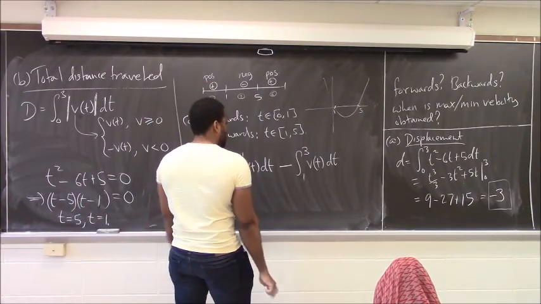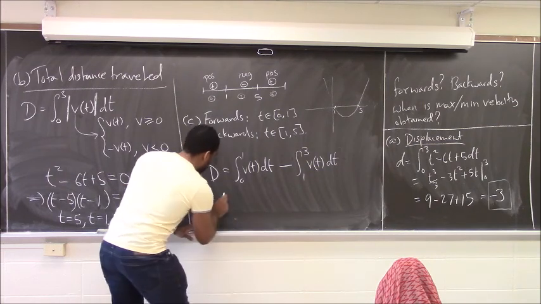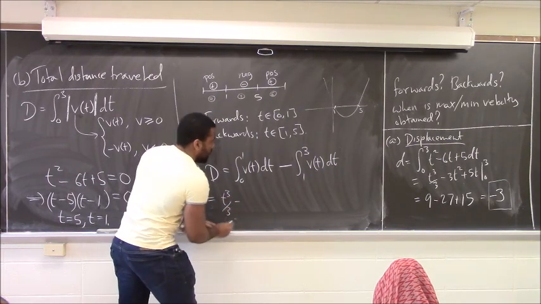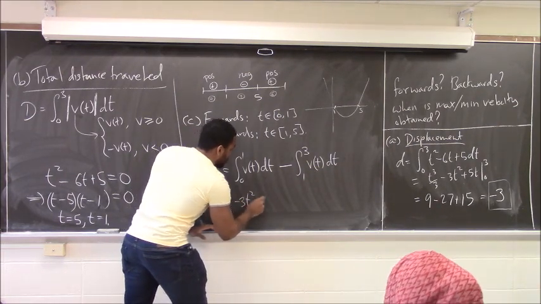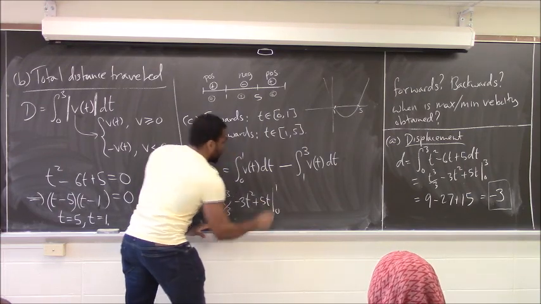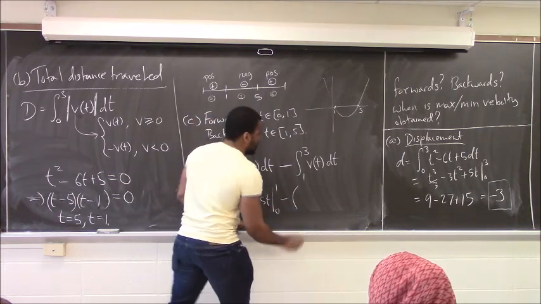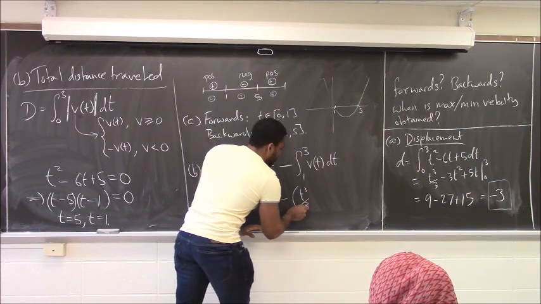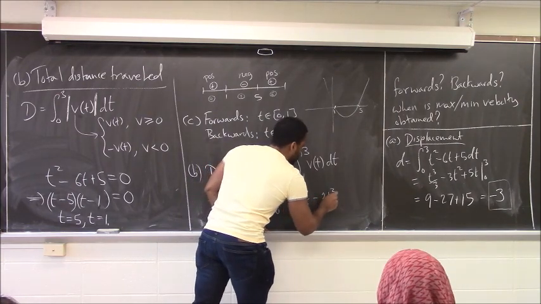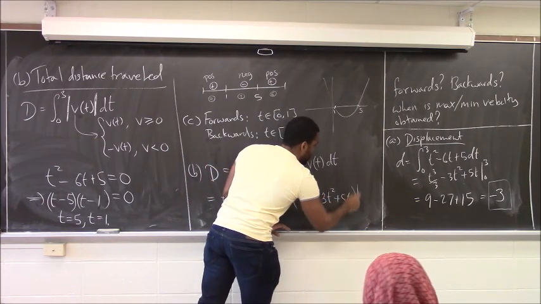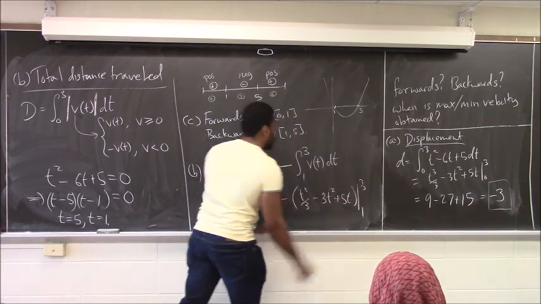And so it's pretty much going to be that same guy, t cubed over 3 minus 3t squared plus 5t, evaluated between 0 and 1, minus t cubed over 3 minus 3t squared plus 5t, evaluated between 1 and 3.